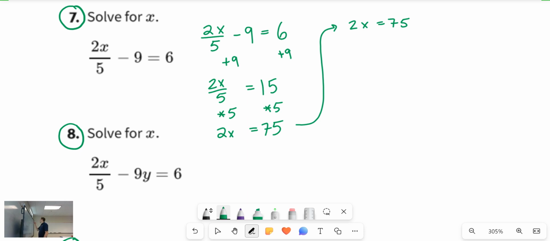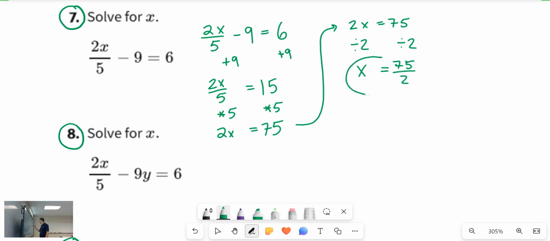Now what do we do? We divide both sides by 2. x equals 75 divided by 2. 75 is not an even number, so we could just keep it as a fraction, 75 divided by 2.